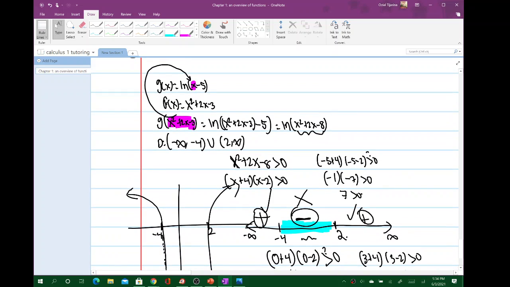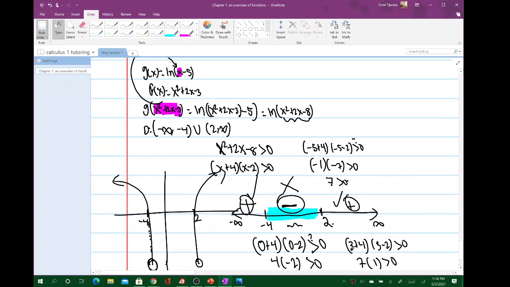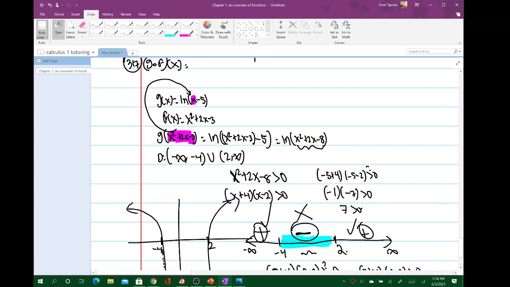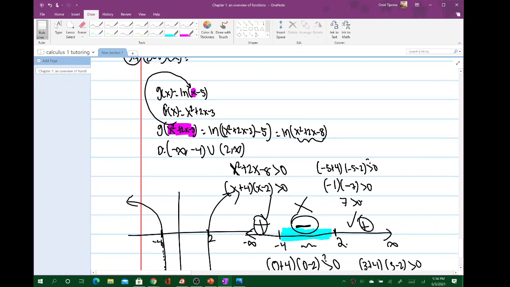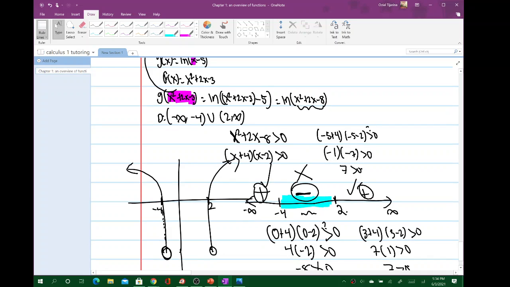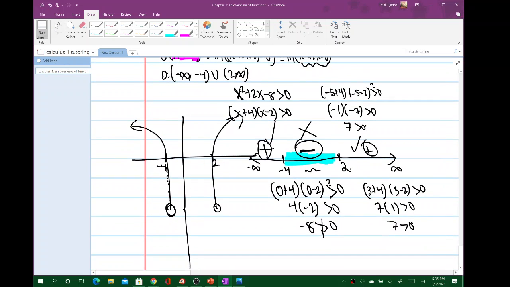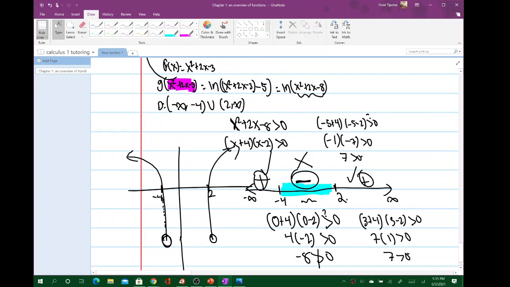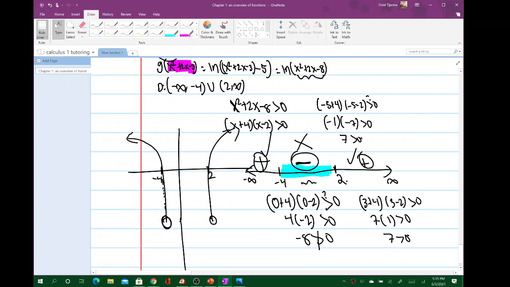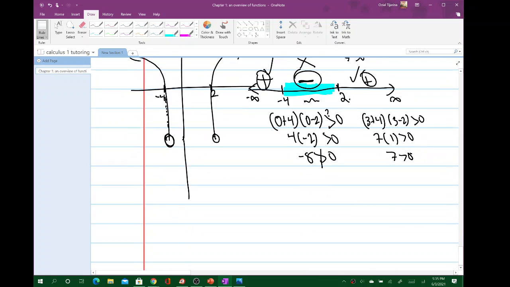And then for the range, let's see. Give me a second. For the range, if you think about it, I'm trying to think exactly how to do this part.